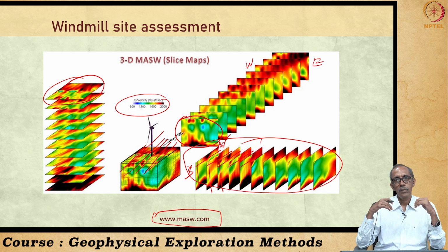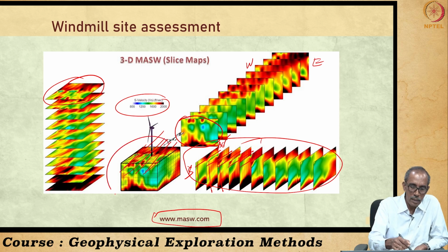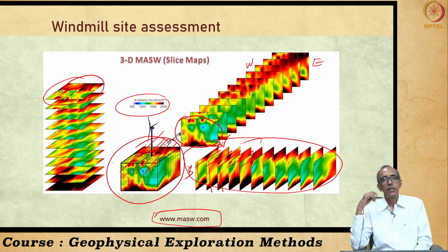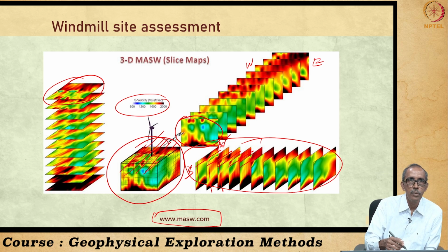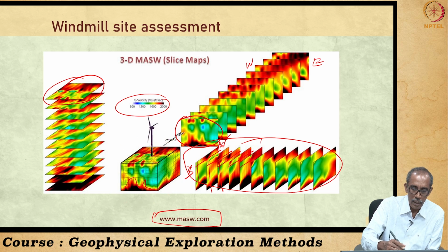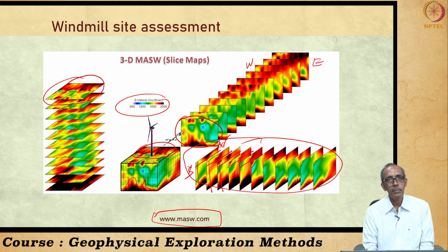So, this is how by conducting multi-channel analysis, by conducting seismic survey in several closely located profiles, we can characterize the subsurface three-dimensionally. Here you see a three-dimensional diagram showing the velocity distribution. That means all the red parts are of high velocity region. So, even at the surface you have some locations, part of your area, having very high velocity, nearly 2000 meters per second.